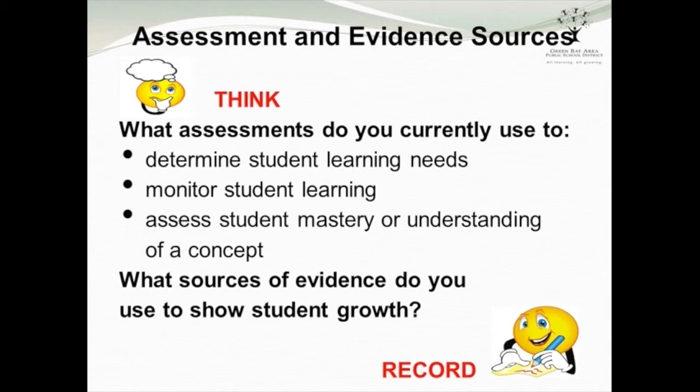The next component is called Assessment and Evidence Sources. This component describes how you plan to measure the outcome of your objective. Take a minute right now to read the prompts and criteria listed under the Assessment and Evidence Sources component.